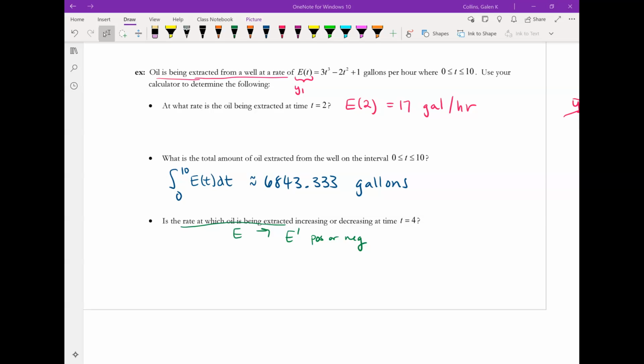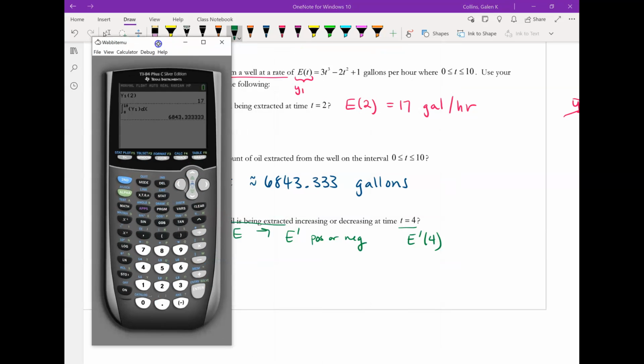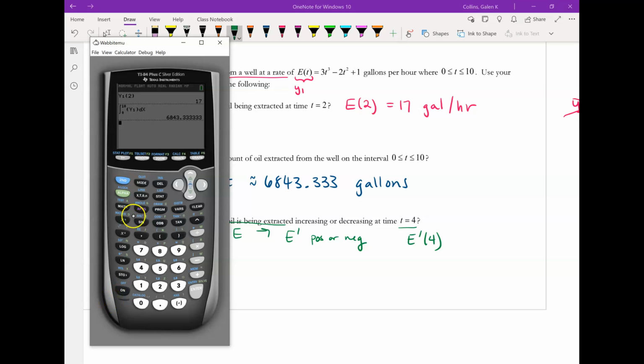We can also use the calculator to evaluate the derivative at a particular value. So since we need to know specifically if E prime of 4 is positive or negative, in our calculator, if we go to math, and if you see option 8 where it says nDeriv, select that.